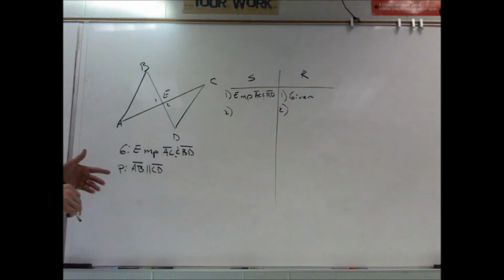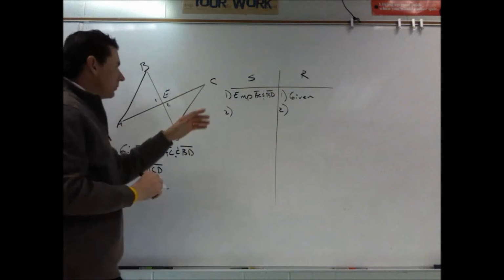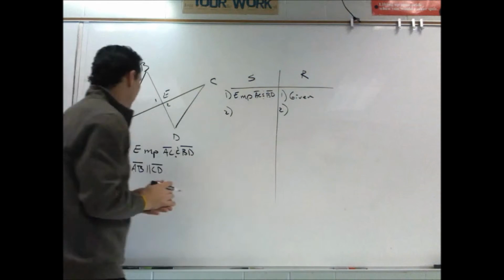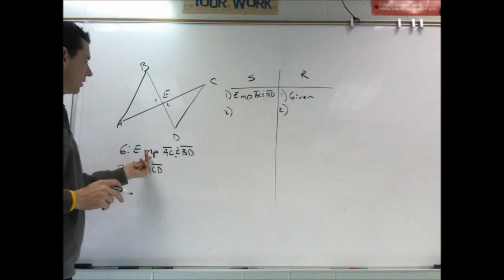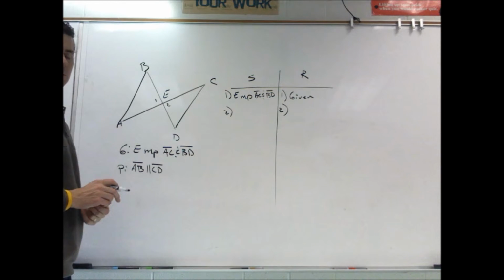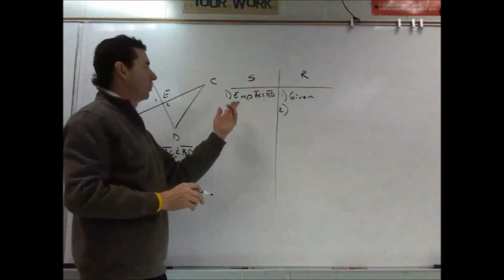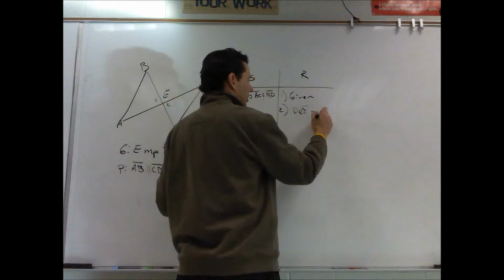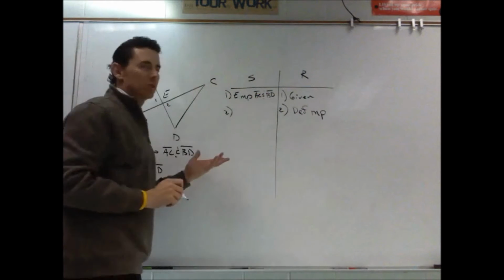So how are we going to show that? Well, congruent triangles pops up again. We start with the given, work our way with that, see where we're headed. So E is the midpoint of segment AC and segment BD. If they tell me something's a midpoint, you can be assured we're going to use as a reason definition of midpoint. Now what does a midpoint do?